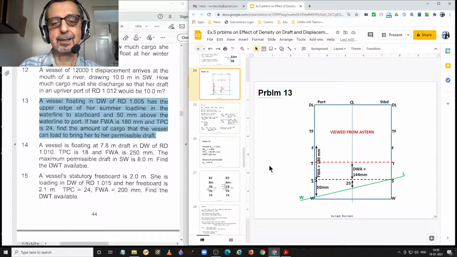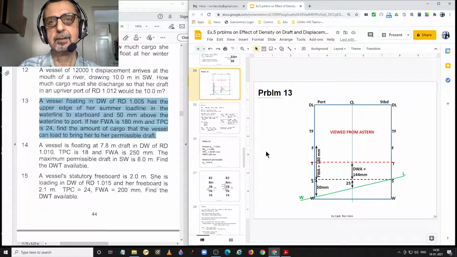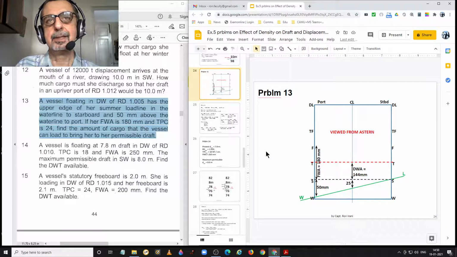Before we start, I would like to talk a little bit about our load lines. A ship's load lines are physically found on the port and starboard side hulls. But the actual load lines that matter are not these two.